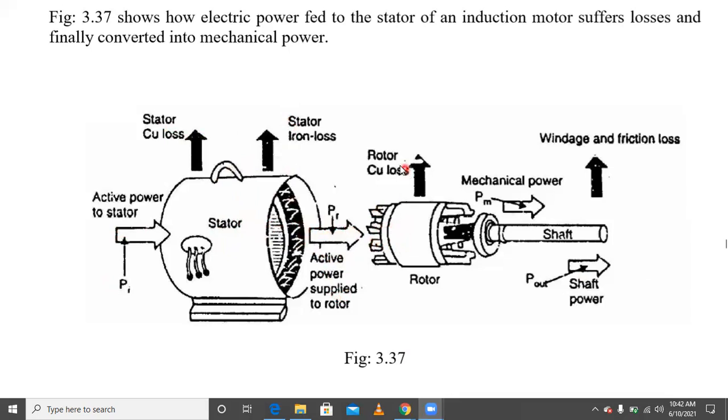This input minus the rotor copper loss is called the mechanical power developed on the shaft. That's called PM. Then the mechanical power developed minus the windage and friction losses is called shaft power. So this is the power flow in the induction machine.